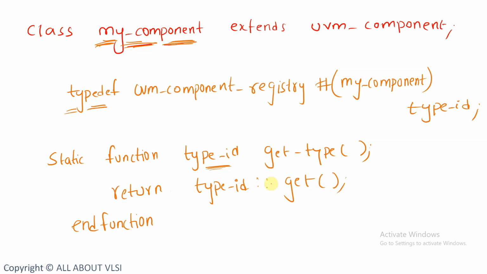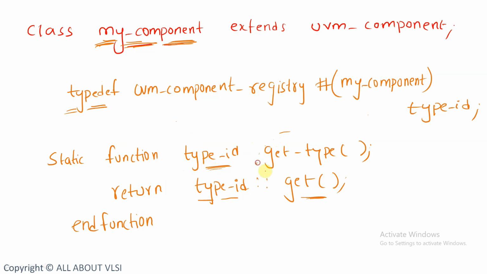The scope resolution operator is used for calling static methods. There is a method known as get inside your factory class, so we are calling this get method, and we get the instance of this particular factory, which will be returned. This is how we are going to register our class with the UVM factory.